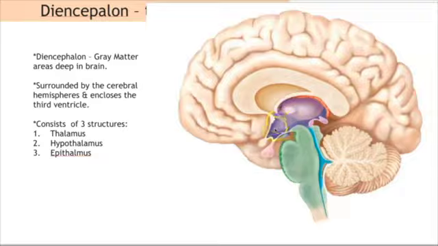This is where the hypothalamus sits, right down here, hypo, below the thalamus. The hypothalamus is connected to the pituitary gland by a structure called the infundibulum or pituitary stalk. That's on your master list, so you'll have to know that. And back here, the epithalamus would be on top.